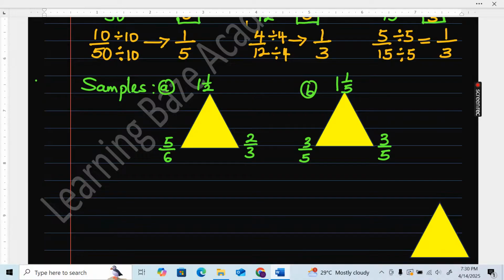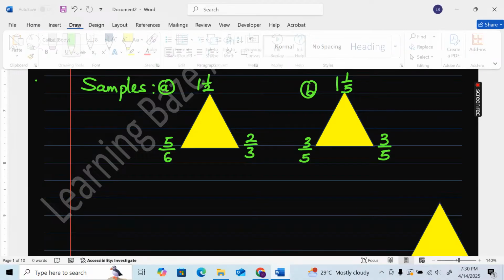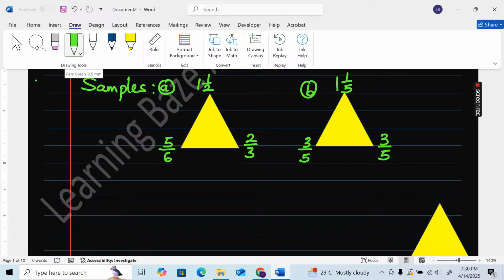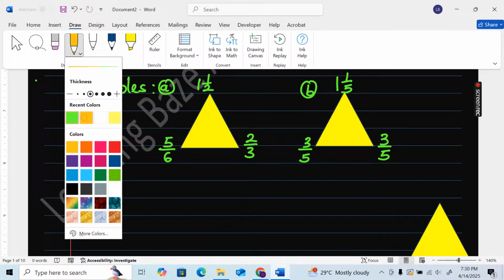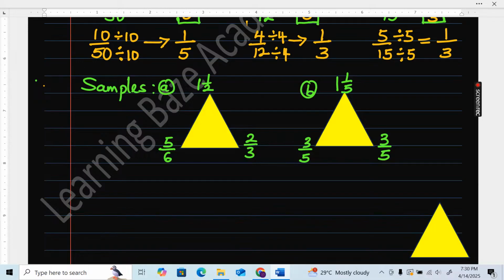Okay, so I believe everybody has written this down. Now let's figure it out. How did we arrive at the number above? The number above the triangle has to be figured out. Are we going to subtract the numbers below, or are we going to add the numbers below? Now, these numbers are fractions.